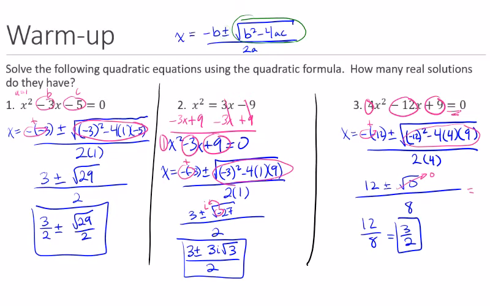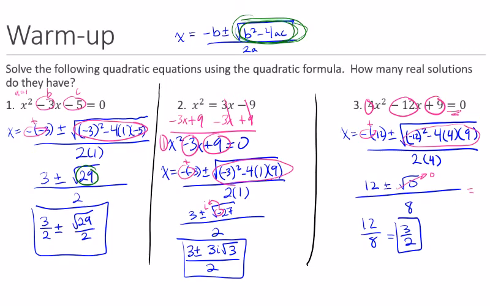If what's underneath the radical comes out to be a positive, then we're going to end up with a real number, and we'll have negative b plus or minus some positive real number, and that'll give us 2 values. We'll have negative b plus that number, that'll be one value, and negative b minus that number, that'll be a whole different value. So that's when we have two real solutions, when this comes out to be a positive.